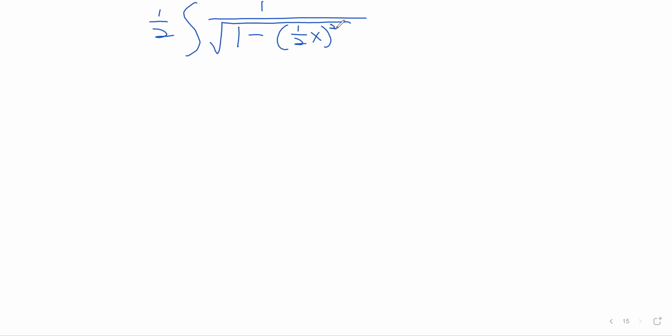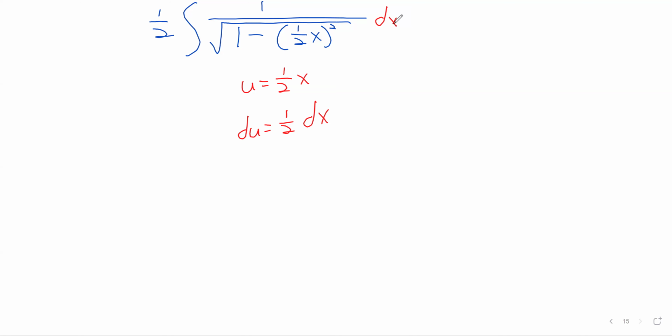And if we do a little U substitution, if we let U be 1/2 x, then du is 1/2 dx.